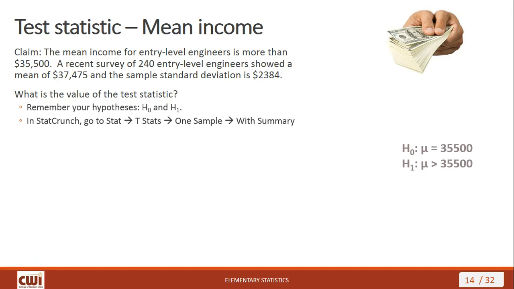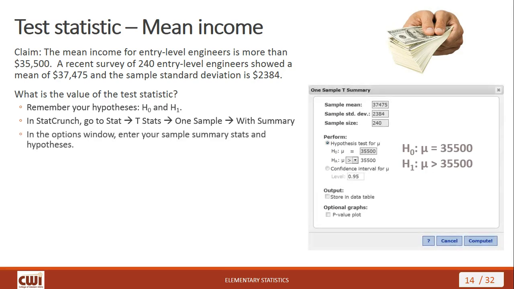No, we don't. There's no mention of it made in the problem, which means we have to assume it's not known. That means we're going to use a t-statistic. We're going to use a t-score as our test statistic. So we want to go into T stats and not Z stats.